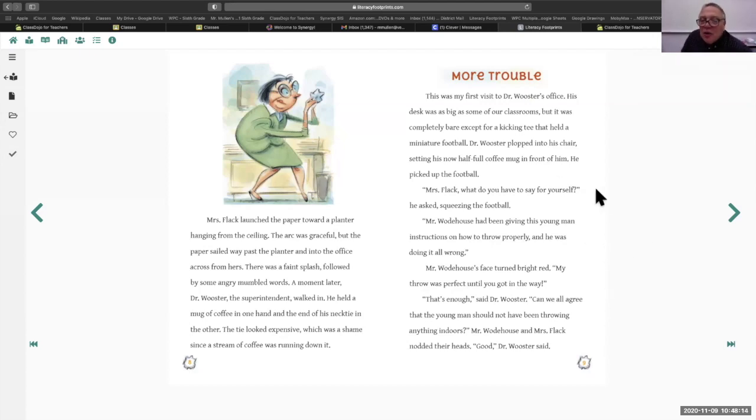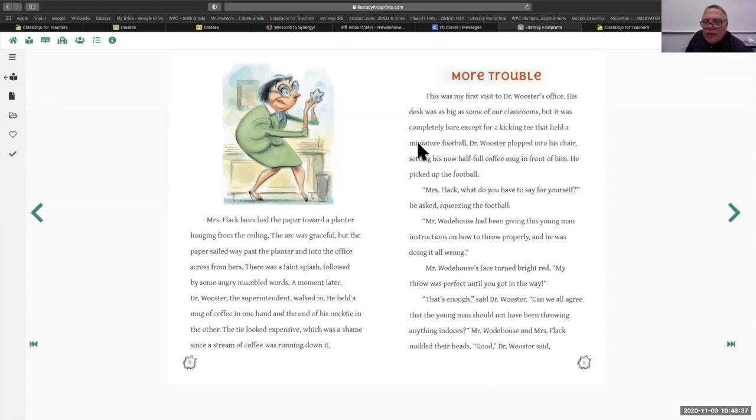Okay, yeah, let's look at the word miniature. Everybody find the word miniature on this page, okay? I have to look for it because I'm not really sure where it's at. Did we see it? Miniature football.